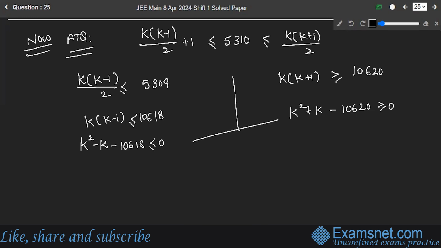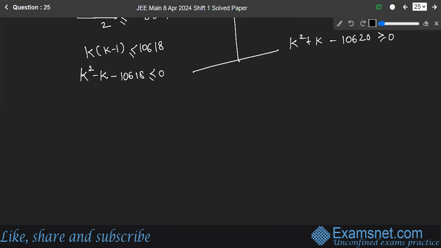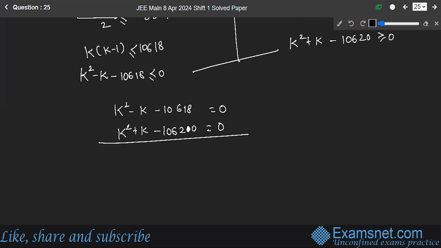So combining both of them, ignoring the inequalities, you will get k square minus k minus this is equal to 0. Wait, this is 10620. Okay. So let's add them.